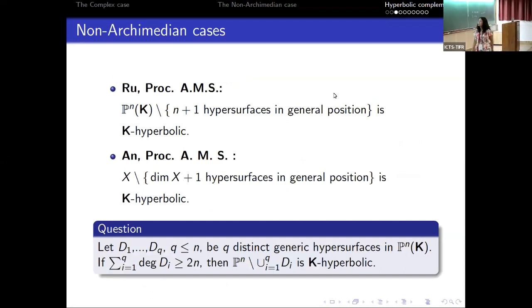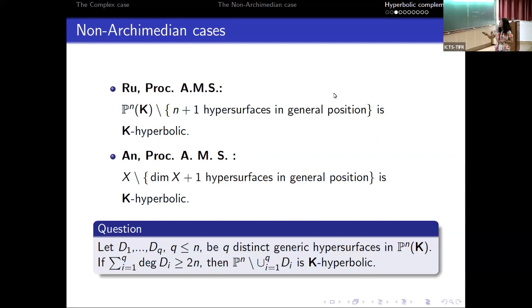So, same as before, we also want to do the non-Archimedean case. So Ru's theorem says that Pn omitting n plus 1 hypersurfaces is hyperbolic. And also my corollary says that if we consider any variety here, and we omit n plus 1 hypersurfaces, then it is hyperbolic in the non-Archimedean field. So similar to the Kobayashi-Zeidenberg conjecture, we also give a question here.